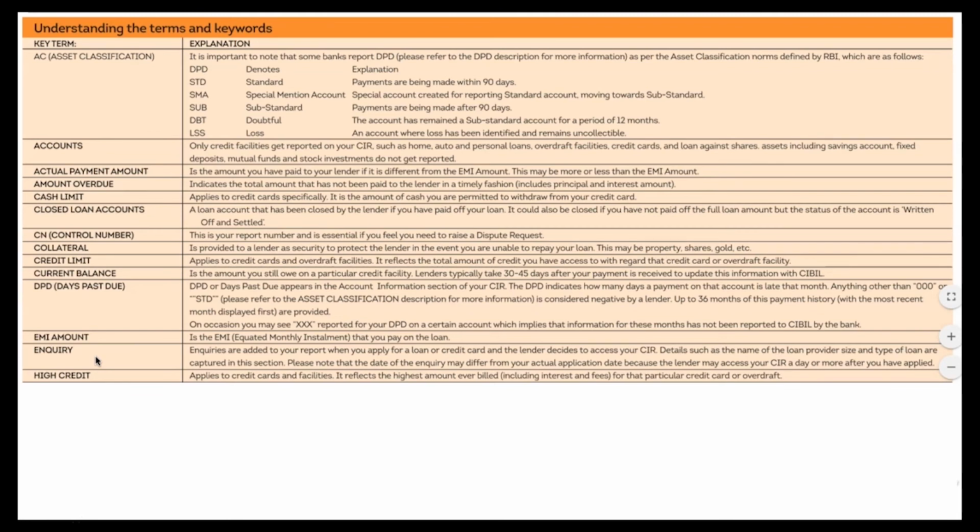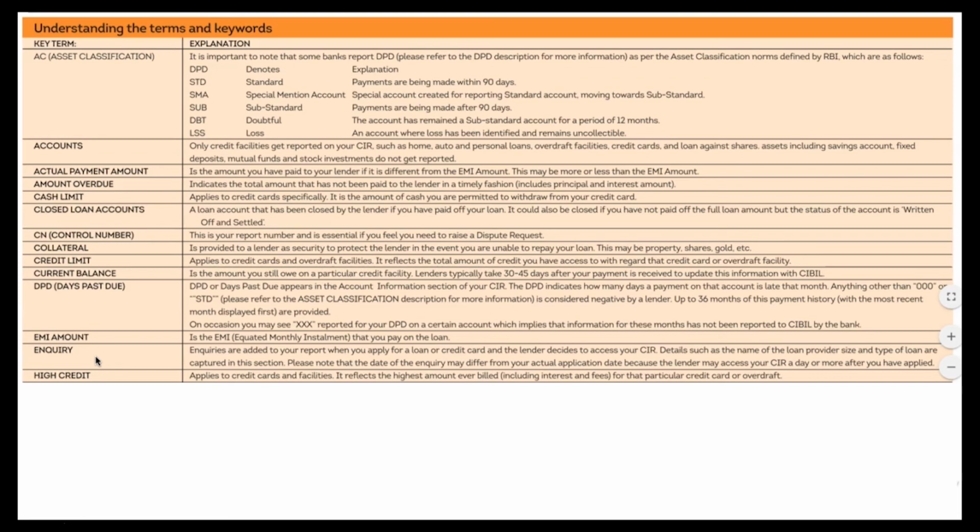Because if a banker is going to process your loan, the first step, maybe after collecting your basic data and before final processing the proposal, they will go and check CIBIL. So at the time of checking CIBIL, they will give what purpose you are asking the loan for, what is the amount, the date of inquiry and which bank. So all these details will get captured.